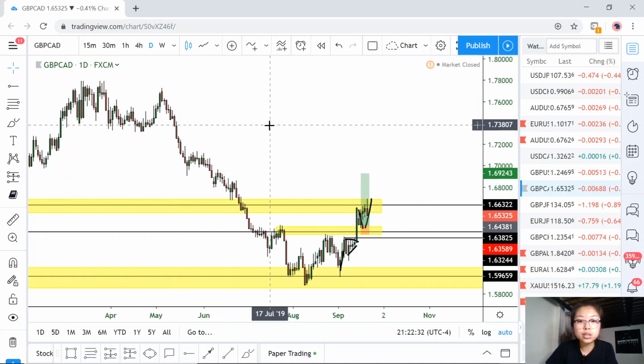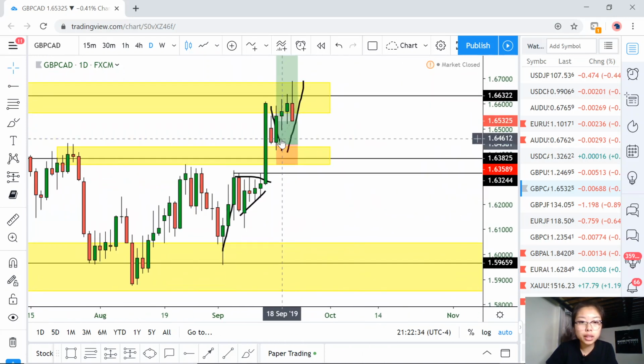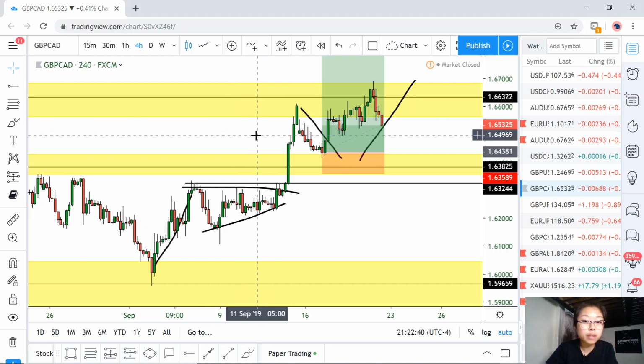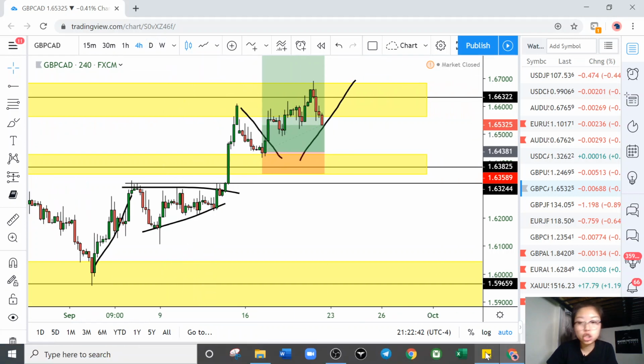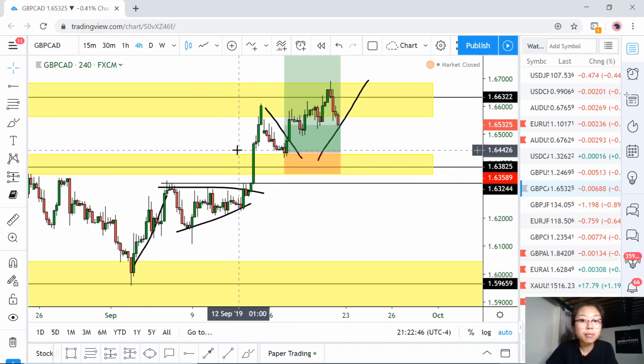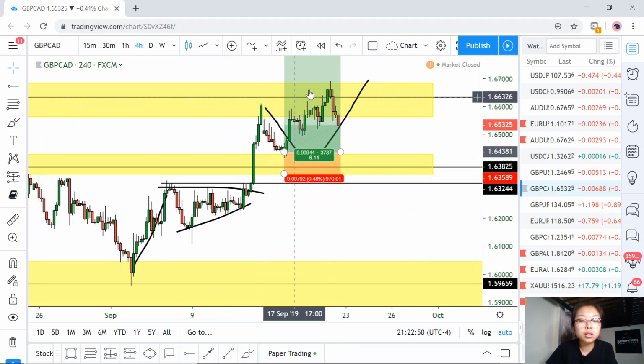So on the daily, we're showing some signs of pullback. However, there's no direction of a trend shift yet, so you can't really say it's a sell. It's only pulling back. This is the second rejection off of the major weekly zone.